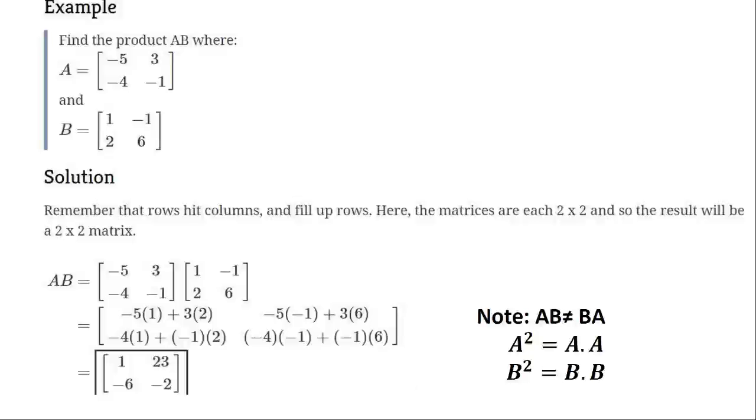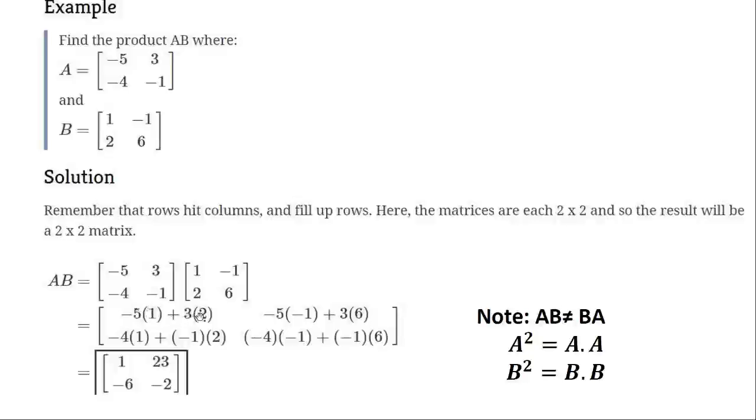Okay, our example of multiplying 2 matrices. We have A, we have B, and we want to multiply to get AB. So the solution is AB, and we get AB by multiplying the row of the first matrix by each column of the second matrix. That is, say, negative 5 by 1 here, plus 3 by 2.